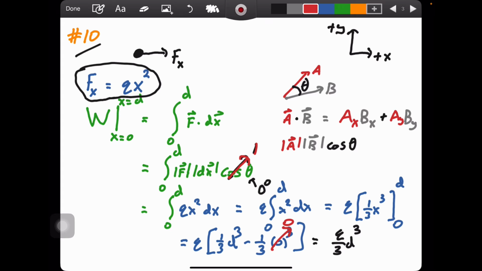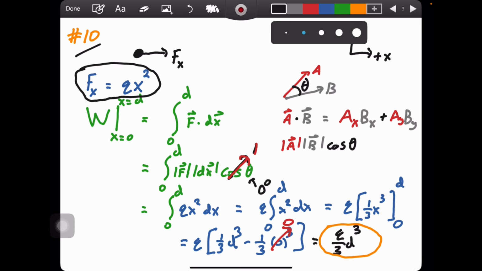The q is a constant, so it can come out of the integral. And then it's a straightforward integration of x squared dx to ultimately result in our final expression. And so this is the final answer you're looking for, q over 3 d cubed. And so that's how you solve for problem number 10 in problem set number 5.